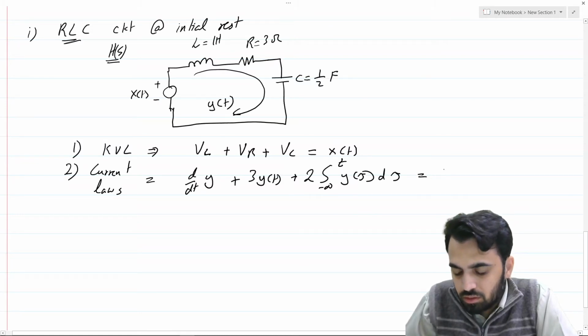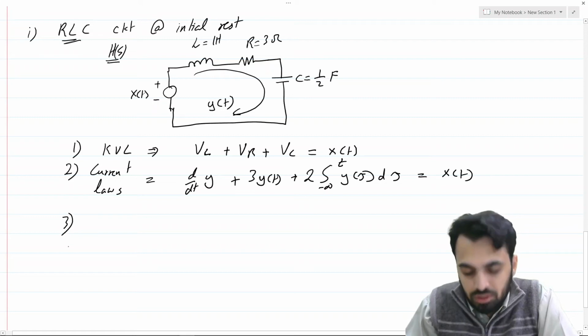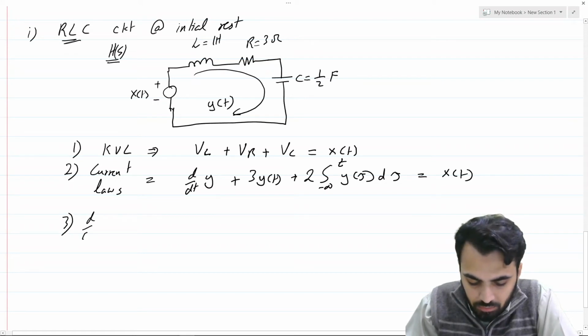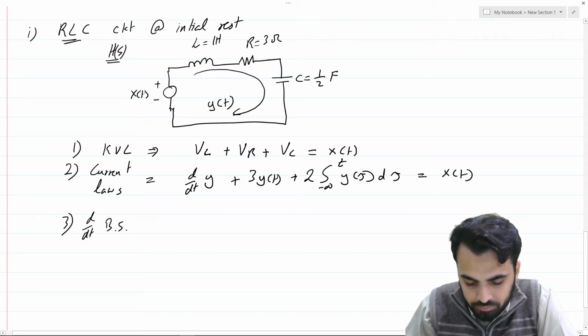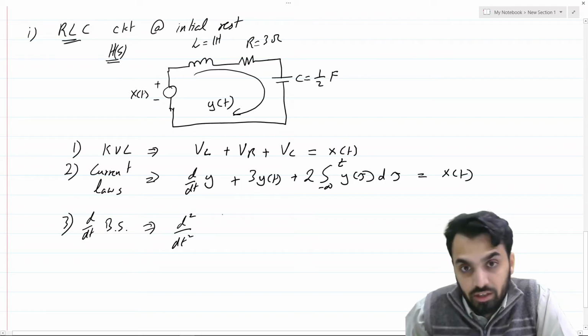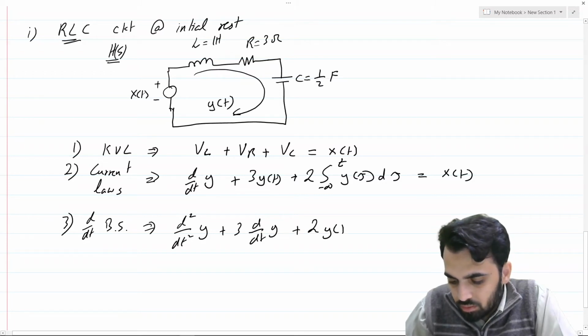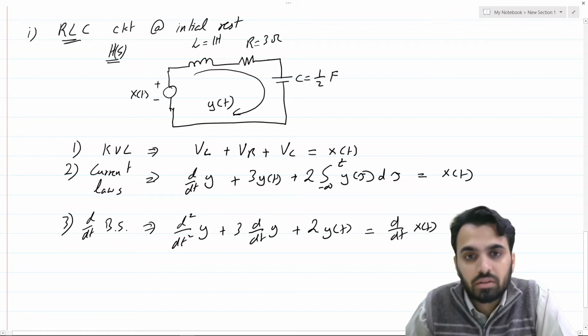So this is equivalent to x(t). So next we convert this into a differential form, that is, we are differentiating both sides. In that case we would have the double derivative of y plus 3 d/dt y plus 2y(t) equal to d/dt x(t).